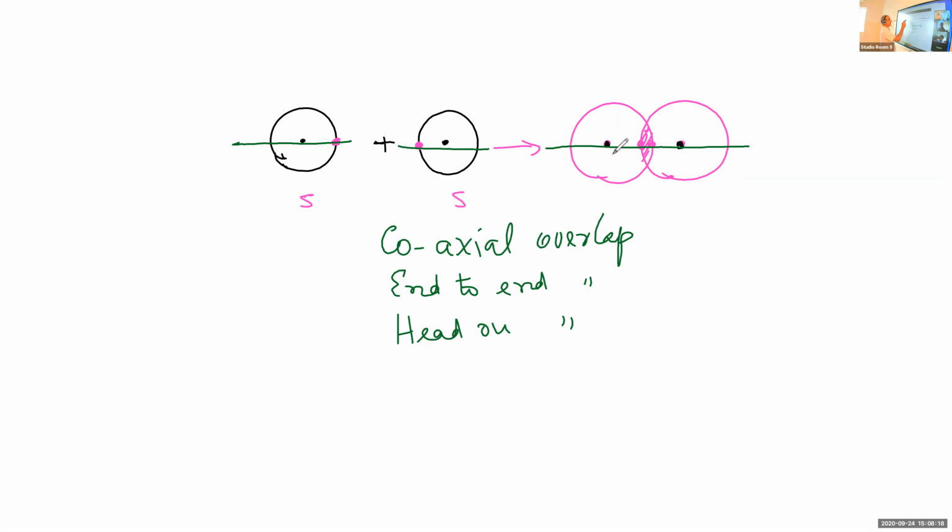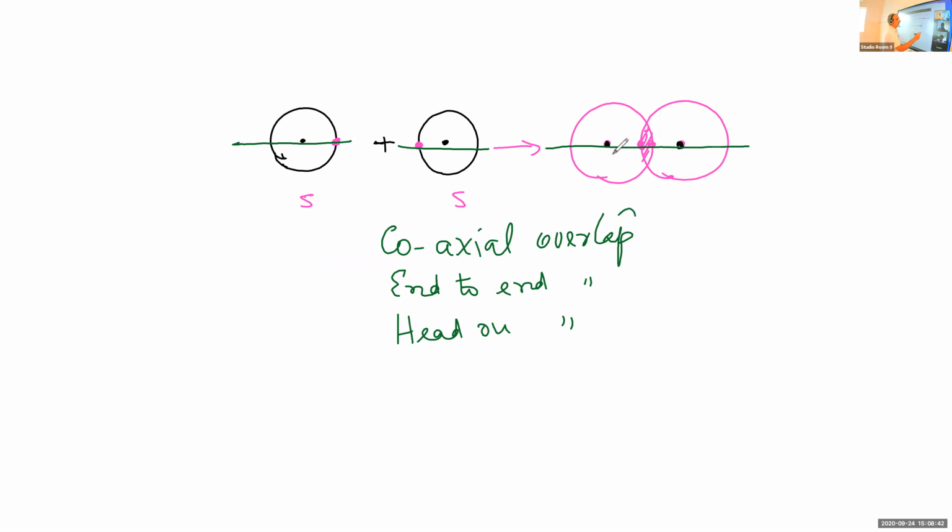Here, the two s orbitals have their own axis, and during overlapping the axis will be common for both the overlapping orbitals, and that is called coaxial overlapping.